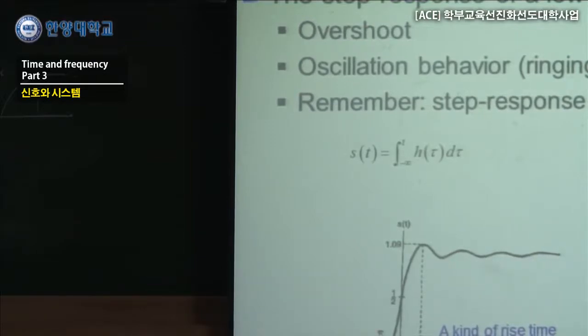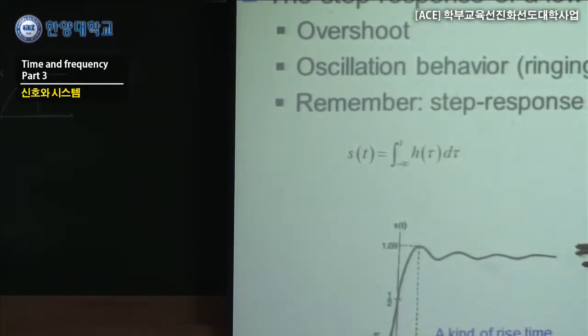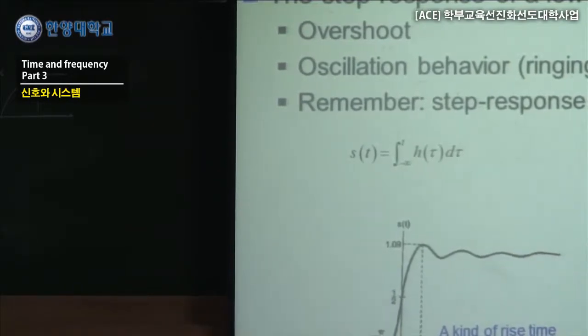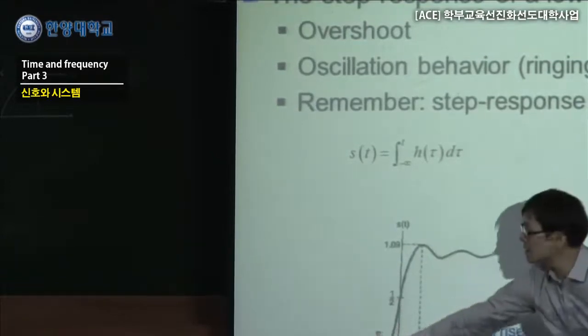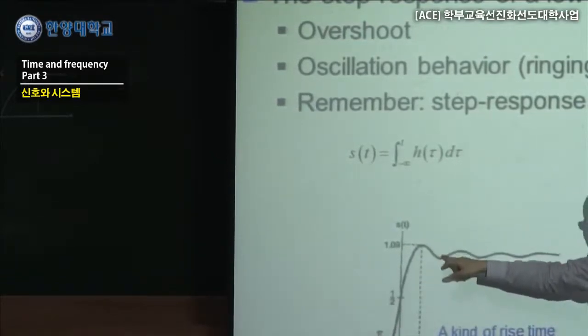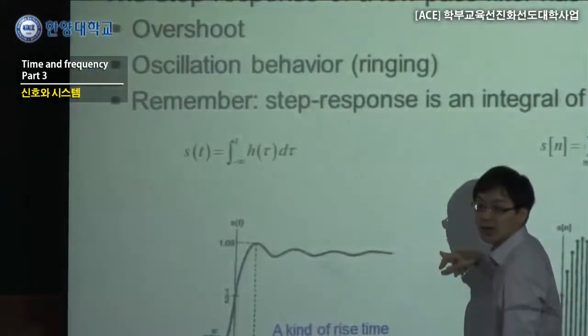So if you remember electronic circuit class, they talk about the settle time. The time required until the ringing is less than, say, 1% or 10%. Those are settle time, right? So you first learn about how fast they can go to the value you want, and then how long you have to wait until they settle down.